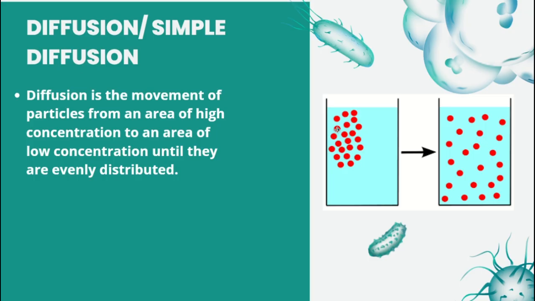What diffusion is going to do is move it from this area of high concentration, and look at this container, when you look around it, all of it is empty. So it's going to move from an area of high concentration to an area of low concentration to get it evenly distributed, because that's always the goal of diffusion.